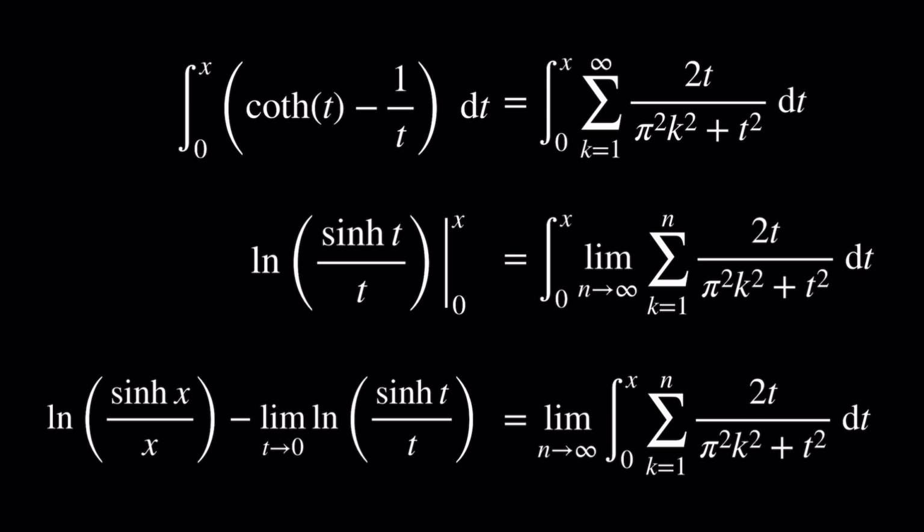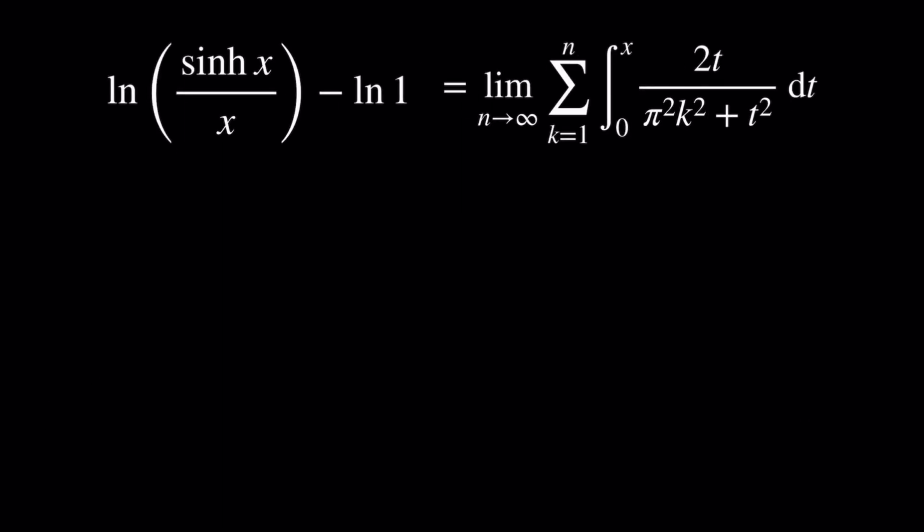So by taking the limit of hyperbolic sine of t over t as t tends to 0, we get exactly 1. So we're going to get the logarithm of 1 on the left-hand side.